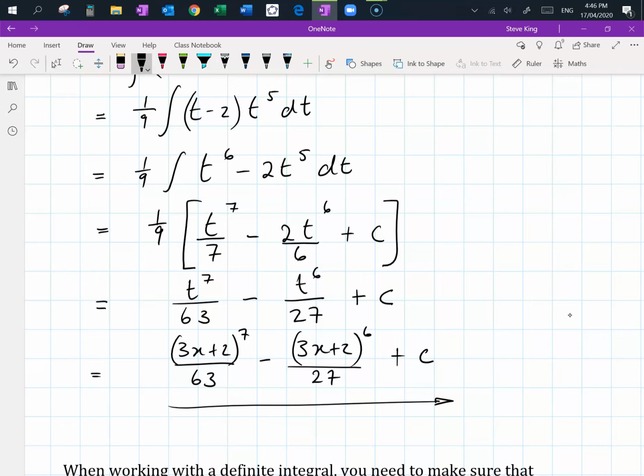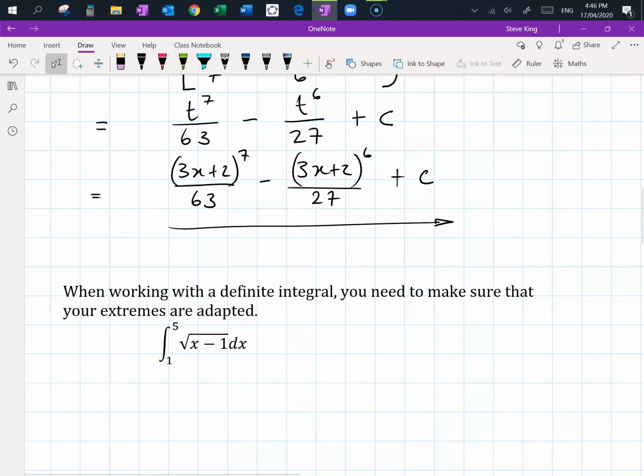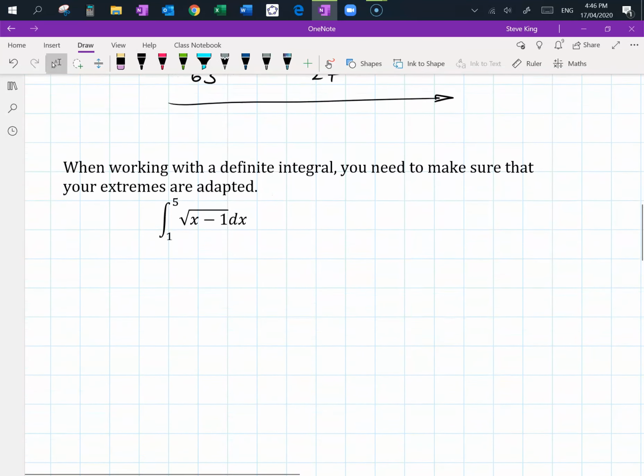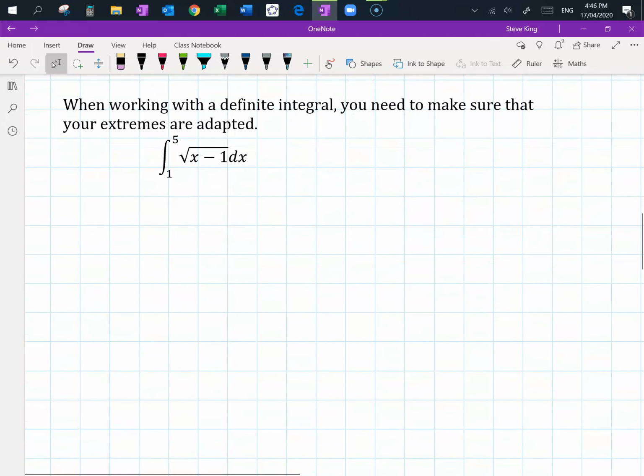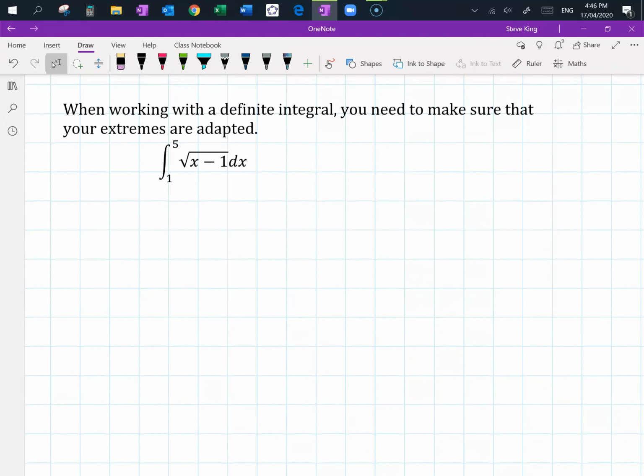Now there's one more thing that we need to be careful of when we're dealing with these type of substitutions, and that is when you're working with a definite integral. If you're going to make a substitution, you must make sure that your extremes, these values over here, are taken into account when you make a substitution.